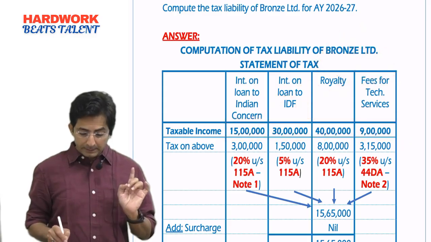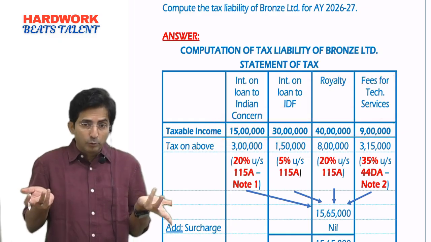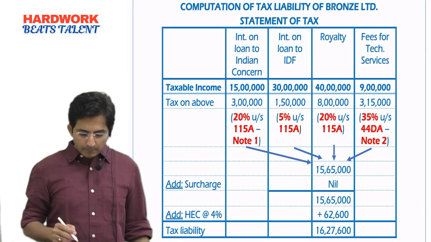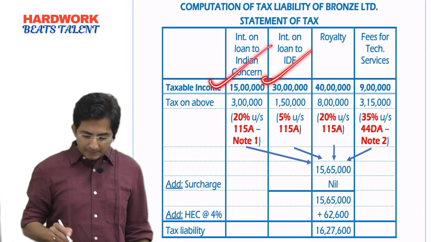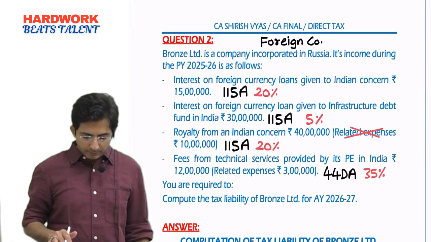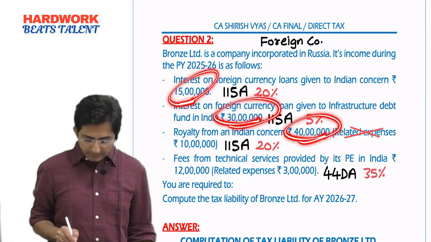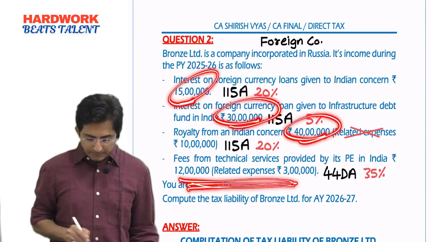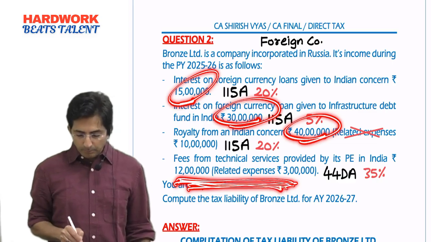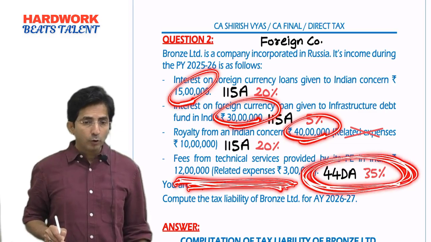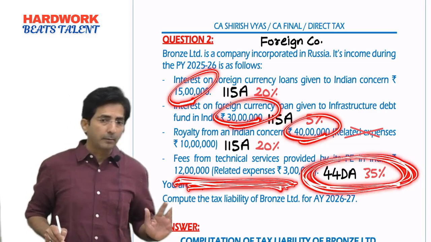Luckily I checked here, otherwise I would not know the total income size. These incomes I directly copied from the sum: 15 lakhs, then 30 lakhs, 40 lakhs. This I have taken net of expense. Last point: when 44DA applies, you are applying the normal rate, and in the normal rate you take the net amount.